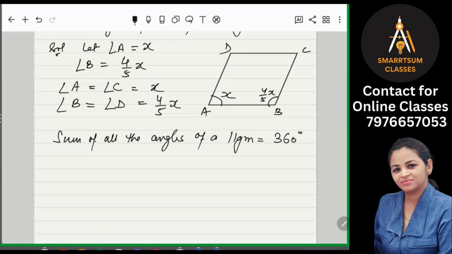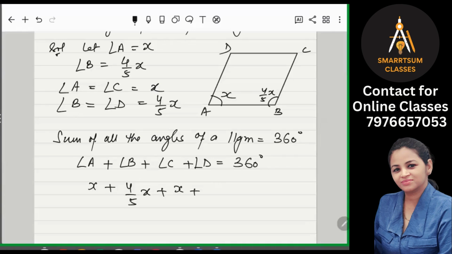So if you add all the angles of a parallelogram, it is always equal to 360 degrees, right? So if we add all the angles, means angle A plus angle B plus angle C plus angle D, this is equal to 360 degrees, right? That means angle A is X plus angle B 4/5 X, angle C again X, angle D 4/5 X. This will be equal to 360 degrees.